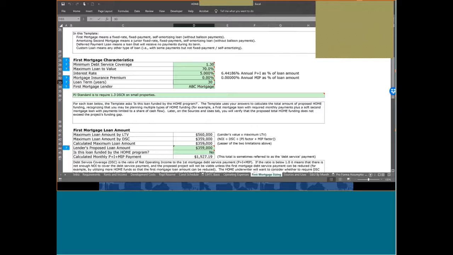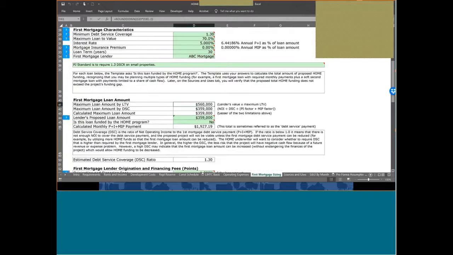So basically, we now have two key numbers, 560 and 359. 560 is the most that can be loaned according to the lender's loan to value, and 359 is the most that the property can support based on those debt sizing parameters of debt service coverage, interest, and amortization. And because our loan needs to be the lesser of those two, we're proposing a loan amount of $359,000.